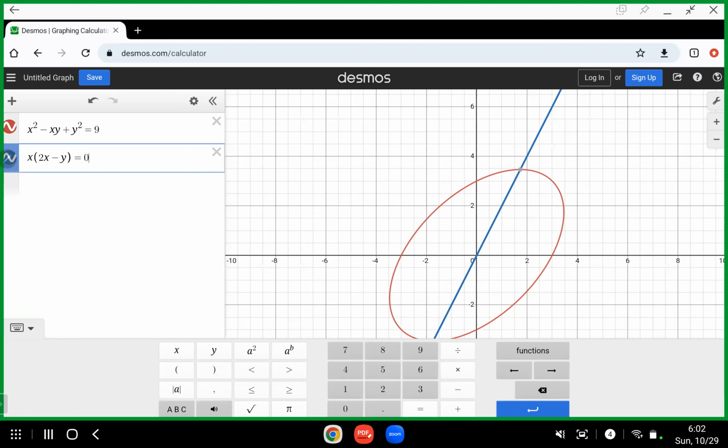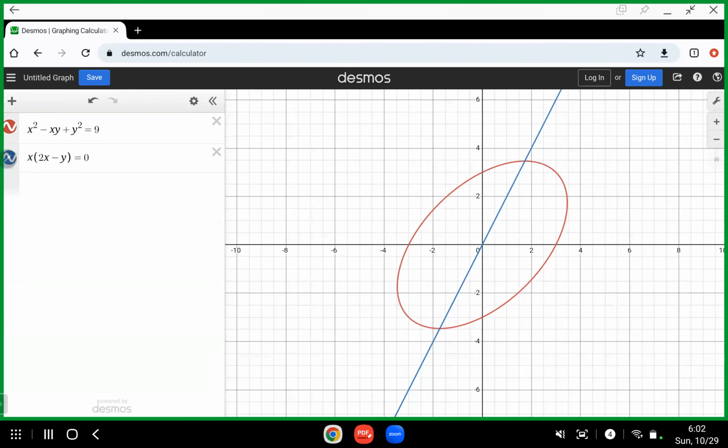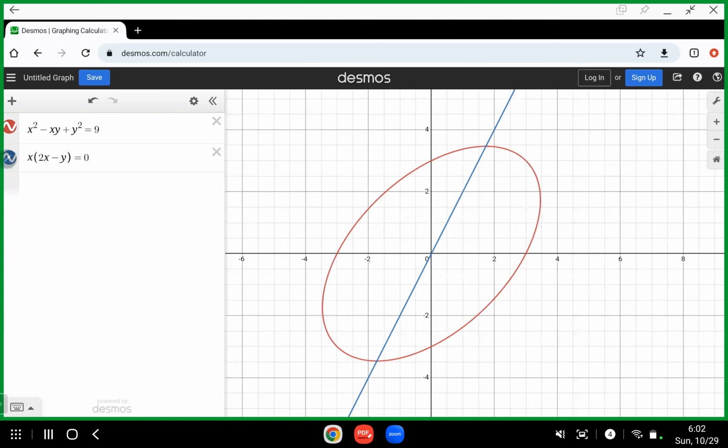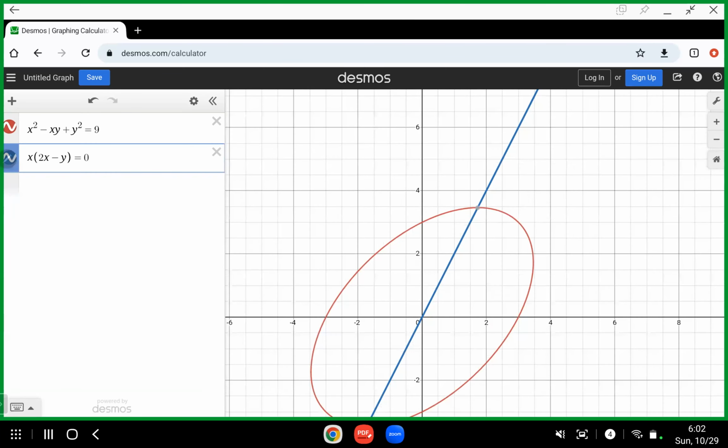When I did it, I thought the answer was 0 and plus or minus 3 without checking the answer. But apparently it is not. So see the points of intersection, this is quite weird. So the x value is actually completely incorrect. That's funny.